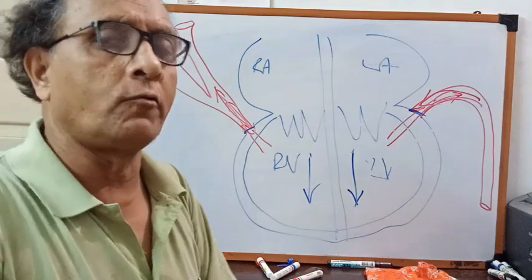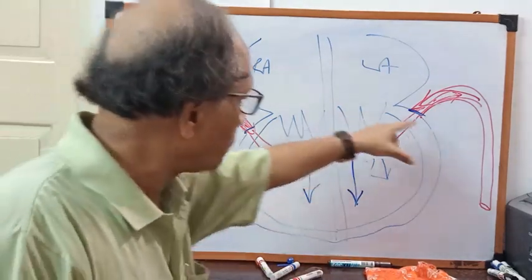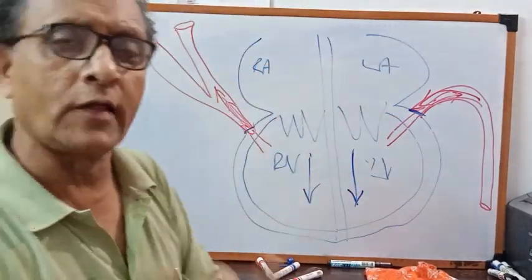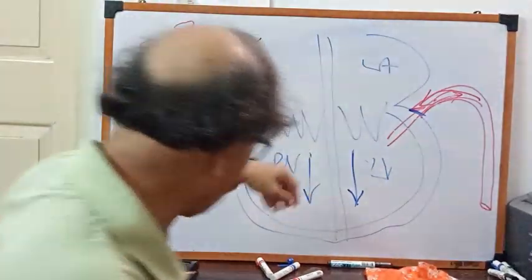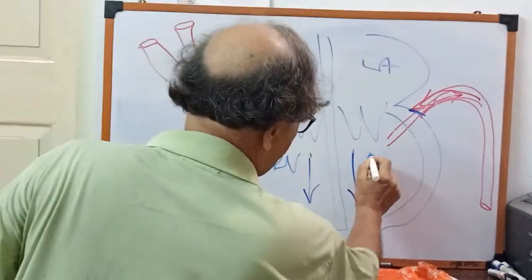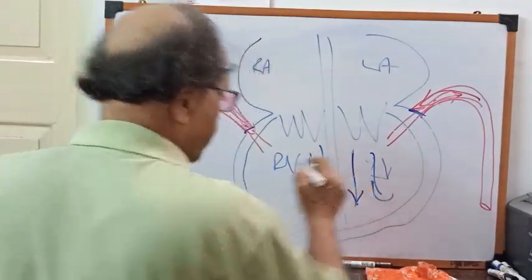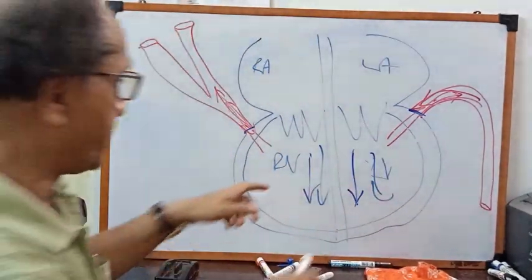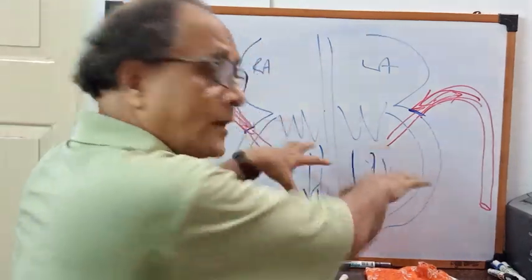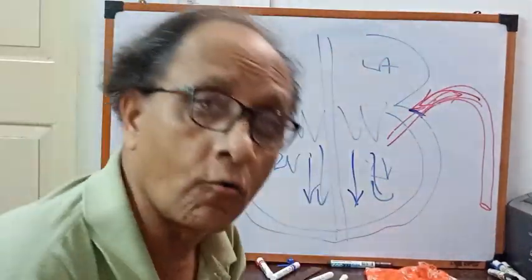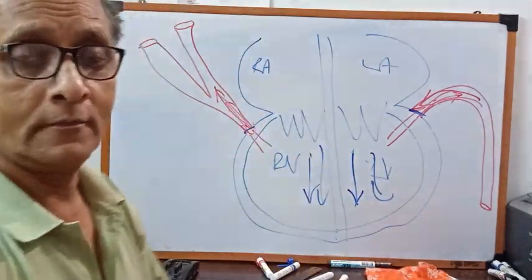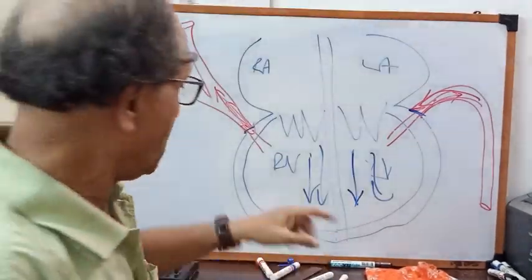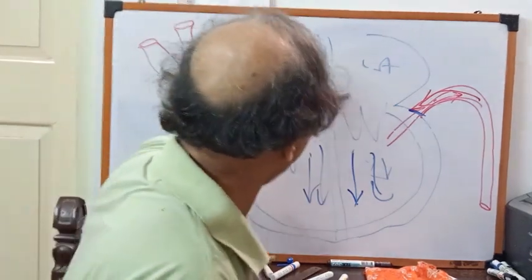This is opposite to isovolumetric contraction. So what is happening during the isovolumetric relaxation phase? There is a massive fall in intraventricular cavitary pressure. It keeps falling, so much so that a point of time will come when it goes below the atrial pressure.